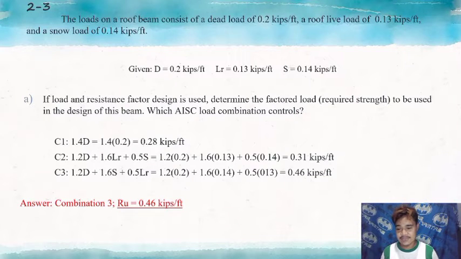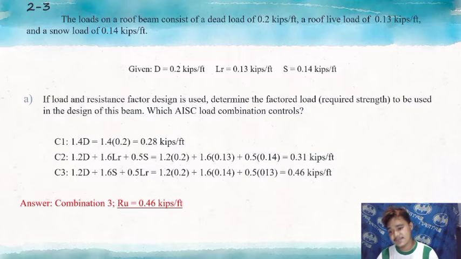Our combination 2 is 1.2D plus 1.6LR plus 0.5S, which equals 1.2 times 0.2 plus 1.6 times 0.13 plus 0.5 times 0.14, equal to 0.31 kilopascals per foot.